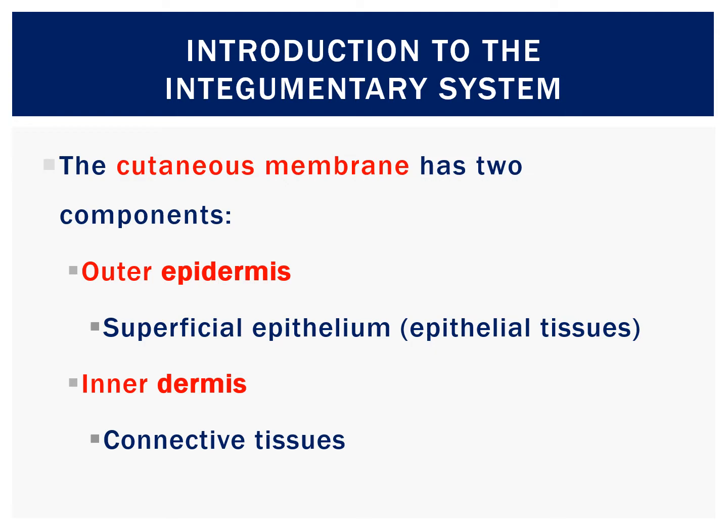For the cutaneous membrane, it has two components. First, the outer epidermis, which has the superficial epithelium or epithelial tissues that you learned yesterday. And second, the inner dermis, which has the connective tissues.